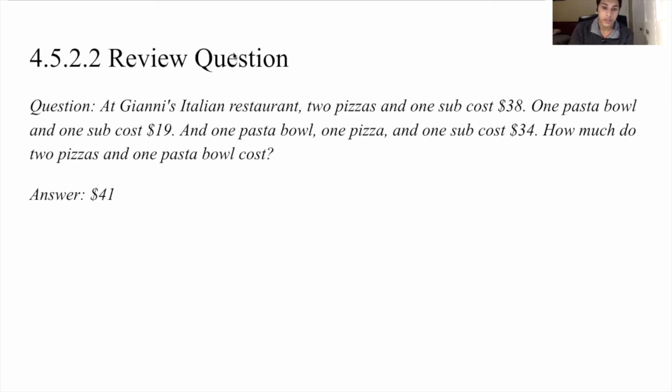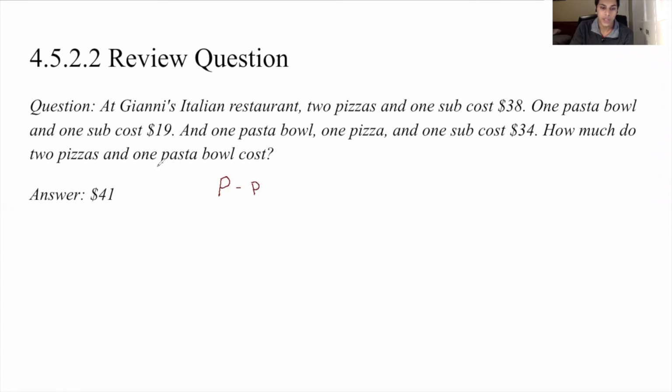All right, so with any systems of equations question, our first step is just to come up with our equations. So let's create our variables. So first, it wants us to solve for how much 2 pizzas and 1 pasta bowl cost. So we need to create variables to represent the cost of a pizza and the cost of a pasta bowl. And I'm going to use P to represent the cost of a pizza.